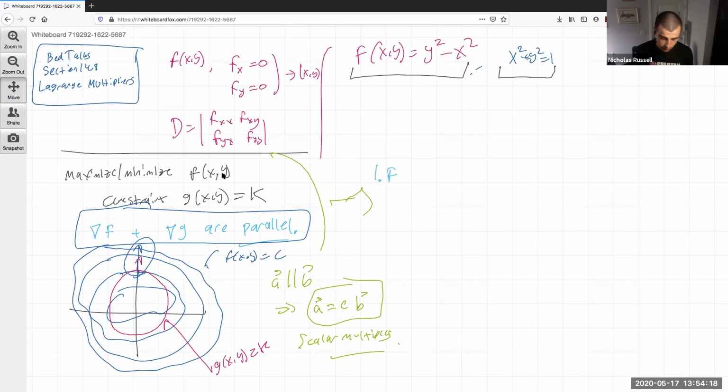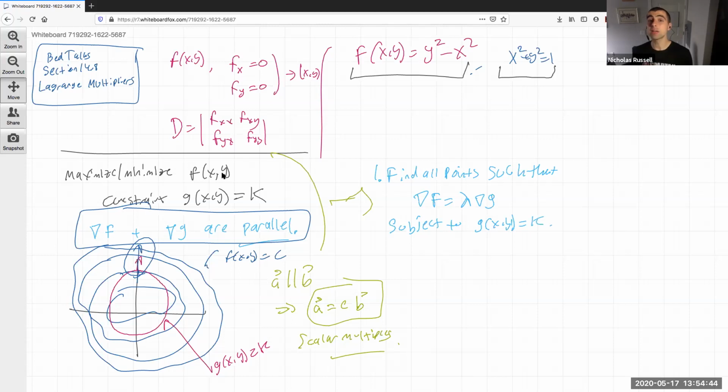The first thing you do is find all points such that the gradient of f is equal to a constant, which we usually denote as lambda, times the gradient of g, subject to the constraint g of x, y is equal to k.